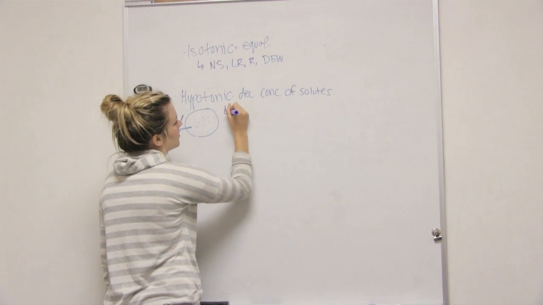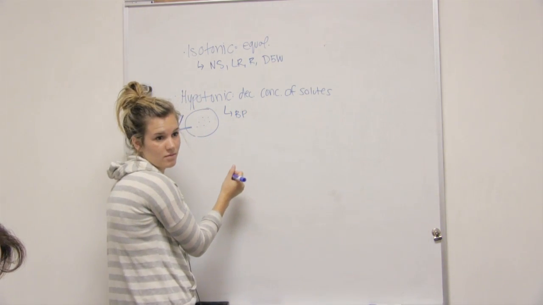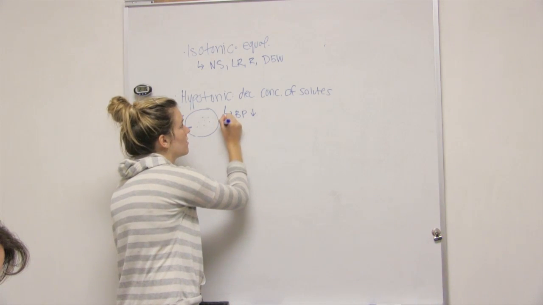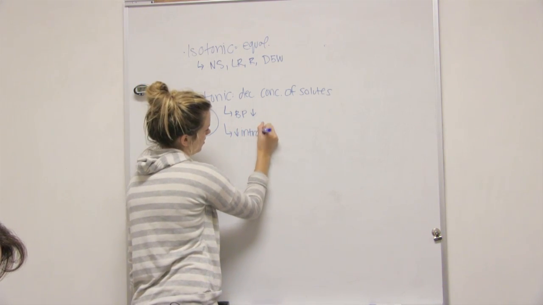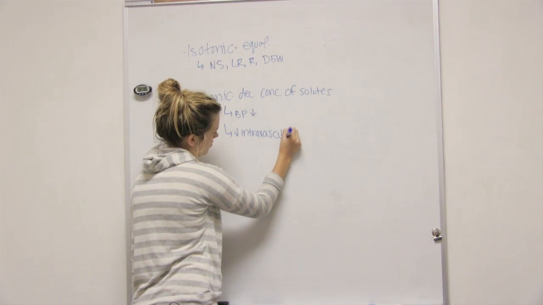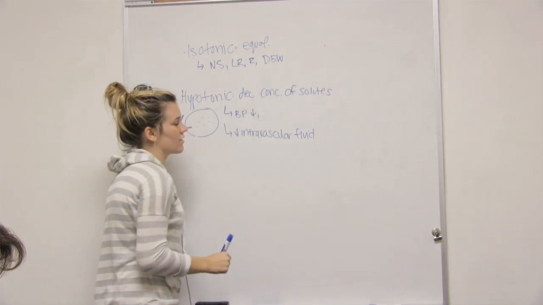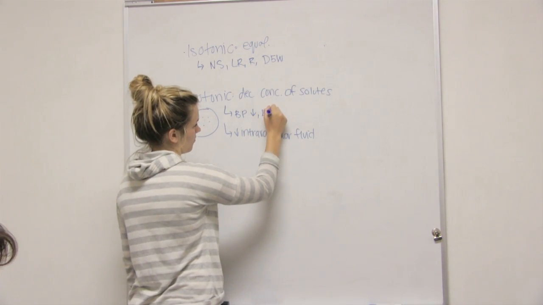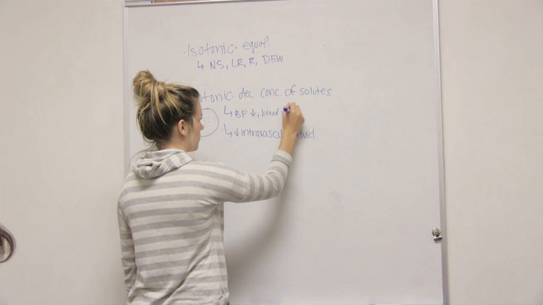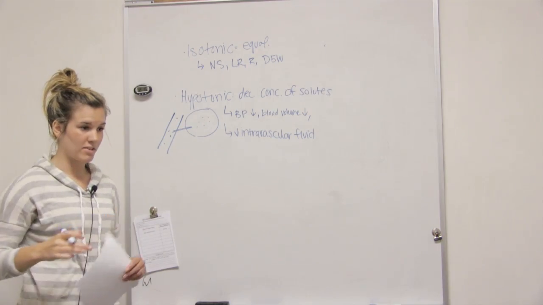What do you think is going to happen to your blood pressure? Decrease, right, because hypotonics decrease intravascular fluid. If your blood pressure decreases and you don't have a lot of blood volume, and you're trying to get that blood out, what's going to happen to your heart rate?